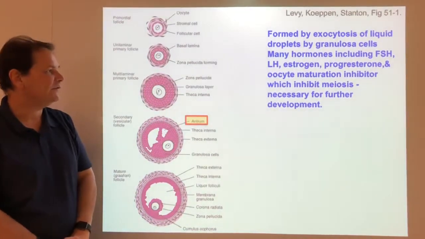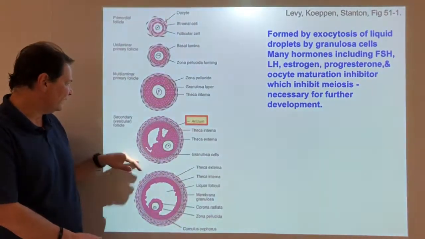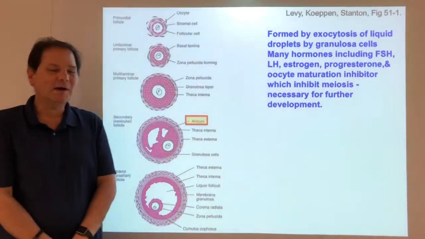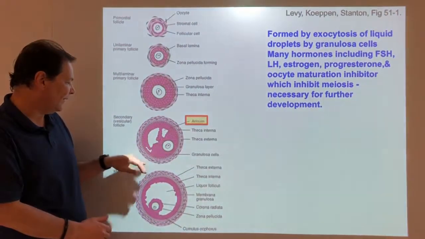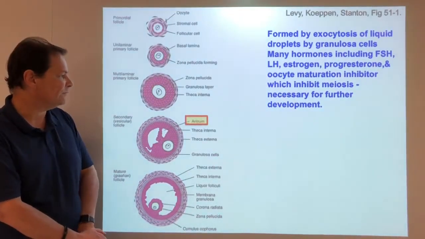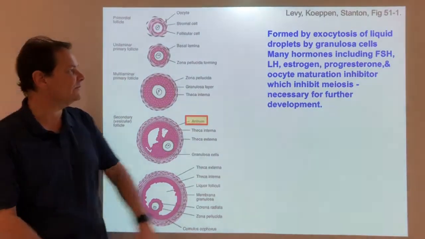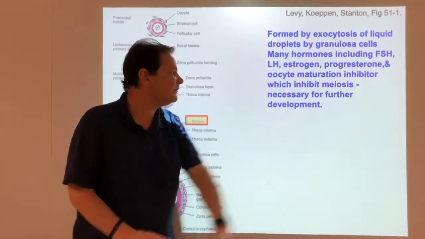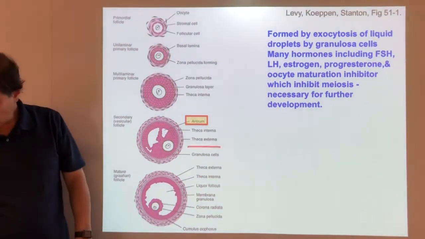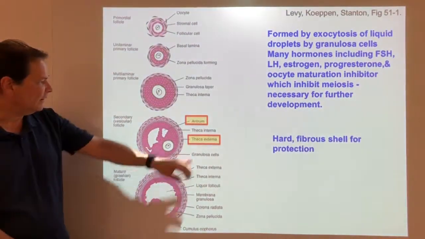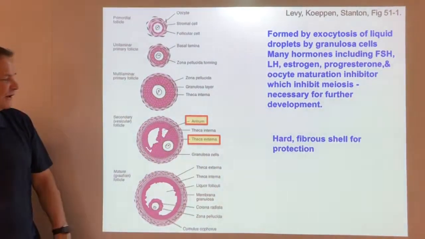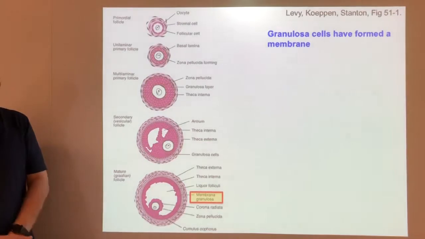That inhibits meiosis, and of course at the secondary follicle level you stop developing, and this is where you end up at the pre-puberty stage, where you're part of the way through that first meiotic division and you've stopped, and this is largely due to the existence of this oocyte maturation inhibitor. Okay? And then we also have the development of a hard theca externa. This is a fibrous shell that protects the follicle.